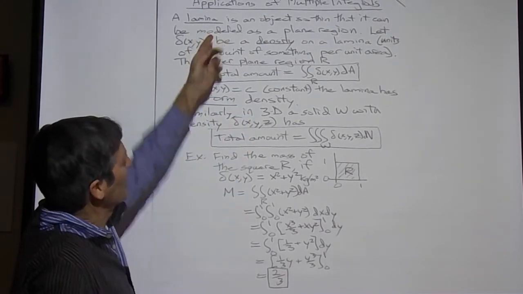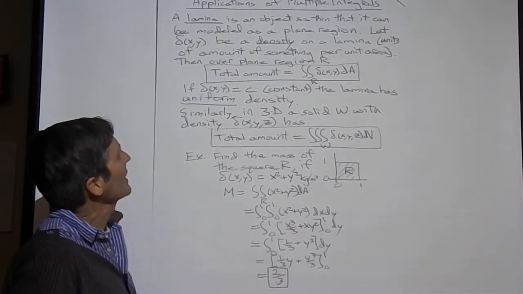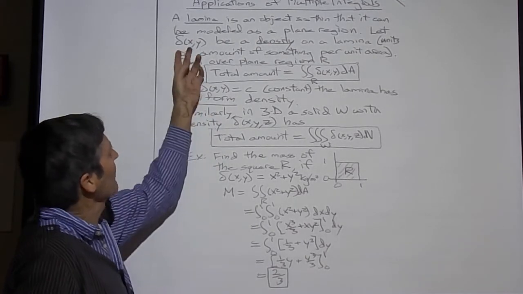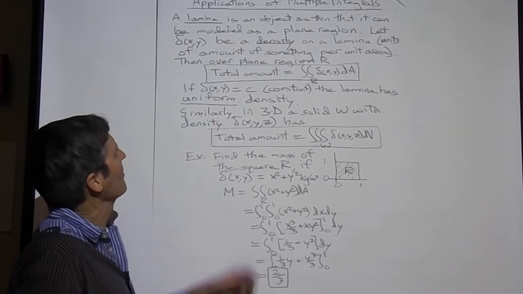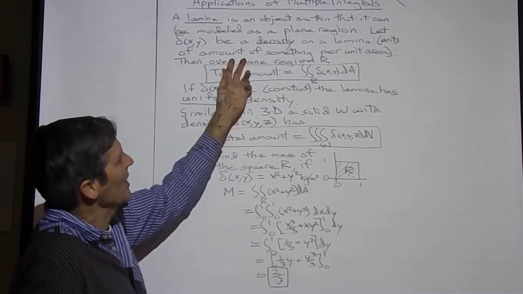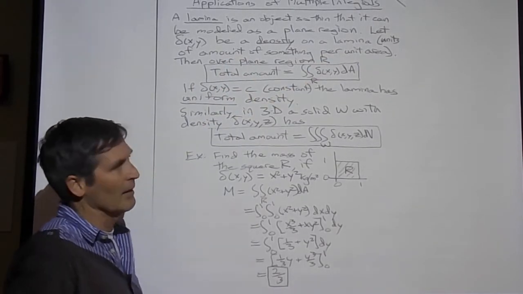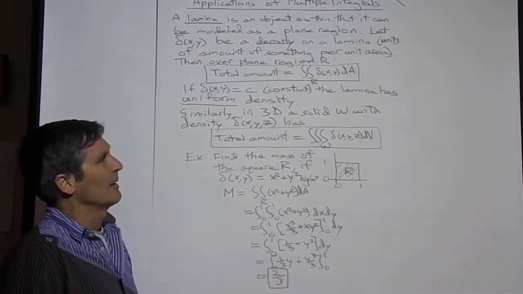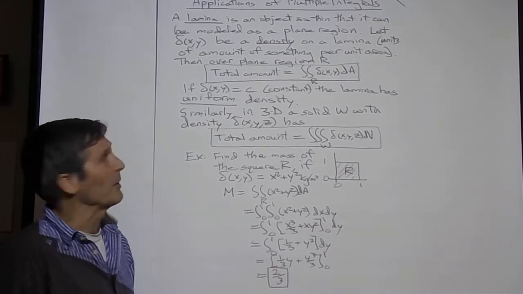We'll say a lamina is an object that's so thin it can be modeled as a plane region. And suppose delta of xy is a density function. It's some units of amount of something per unit area, like kilograms per square meter, or maybe it's people per square mile.